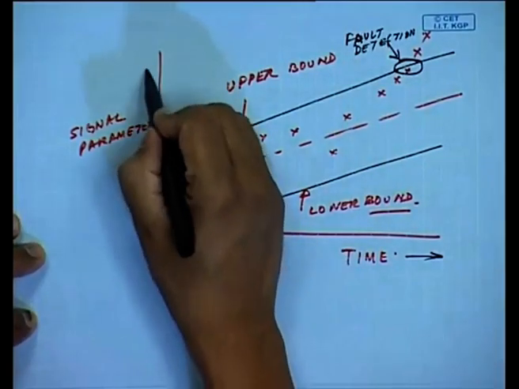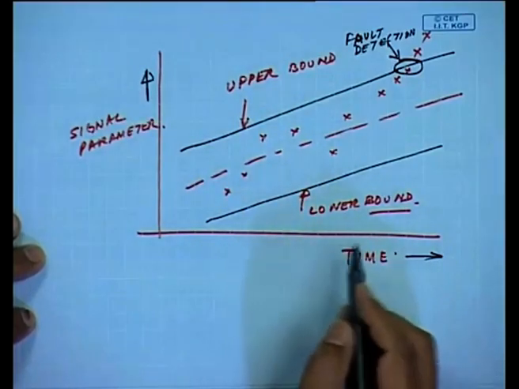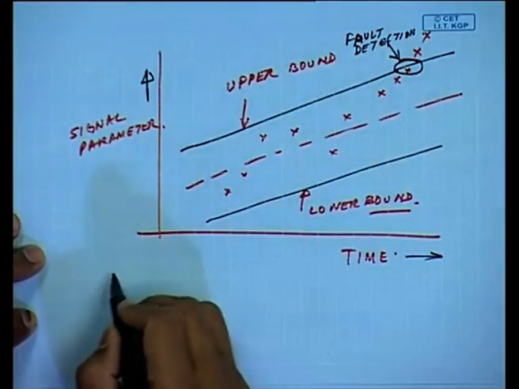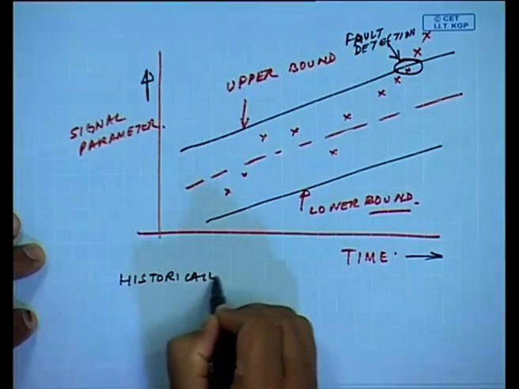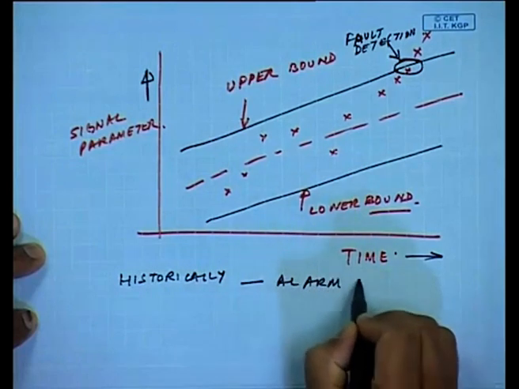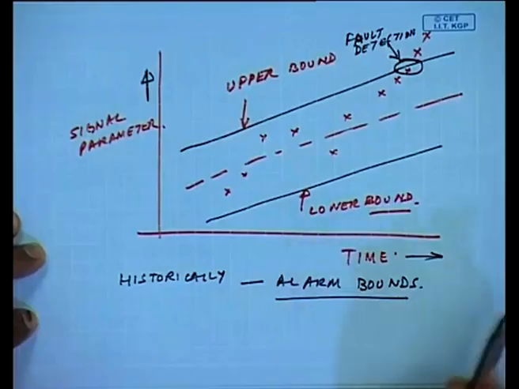So, simple alarm bounds can be used and then in fact a fault can be detected. Traditionally, or historically, in the industry people were using such alarm bounds. Okay.